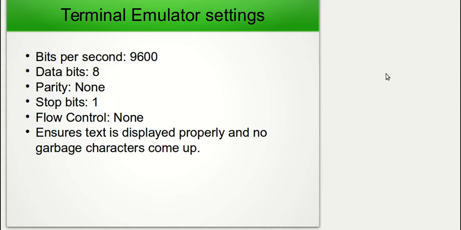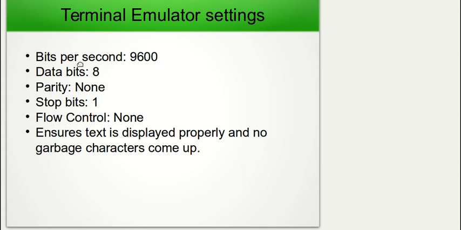Before we actually access our Cisco device, when we start up the terminal emulator software, before we confirm the connection and try to connect to our device, we have to make sure that our terminal emulator has the following settings, in order to ensure that text is displayed properly, and that when the command line interface of the switch or router is shown, it is shown properly and there are no garbage characters on the screen.